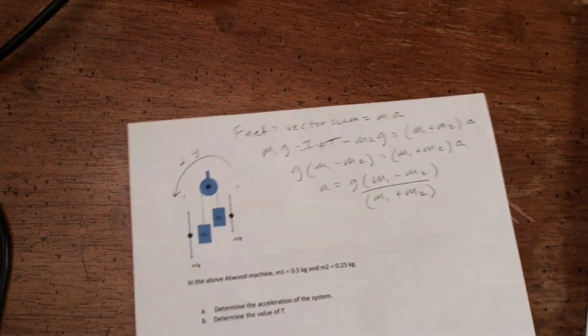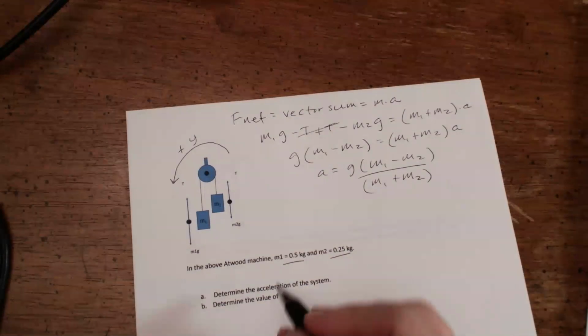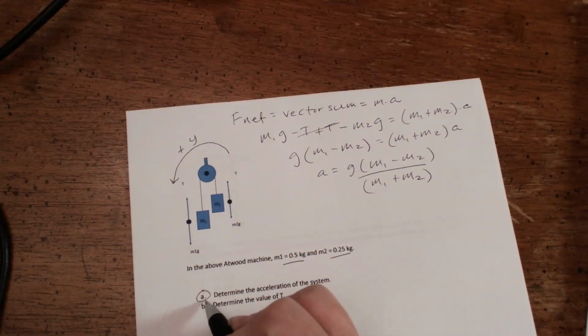That's my expression for acceleration for my Atwood machine. So this question gives us masses for M1 and M2 and asks us to determine the acceleration and the value of T, the tension.